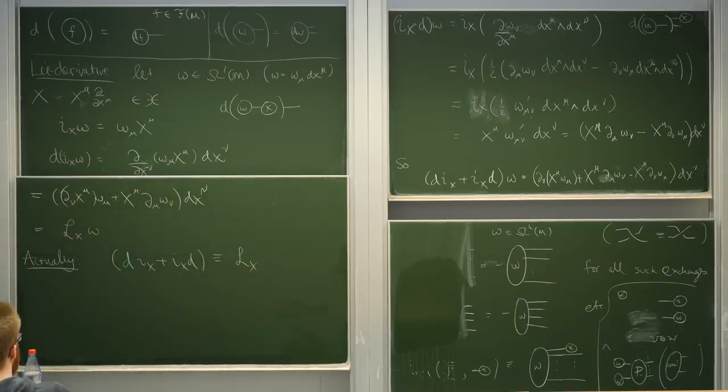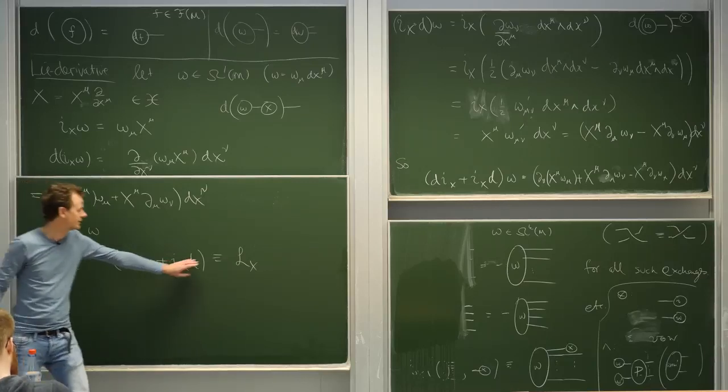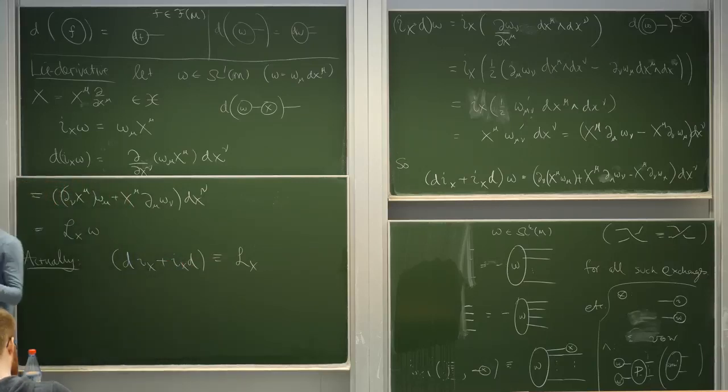It's actually true in general that on K-forms, d i_X plus i_X d is in fact the Lie derivative. So we have a way to connect these operations of exterior derivative, interior product, and Lie derivative.